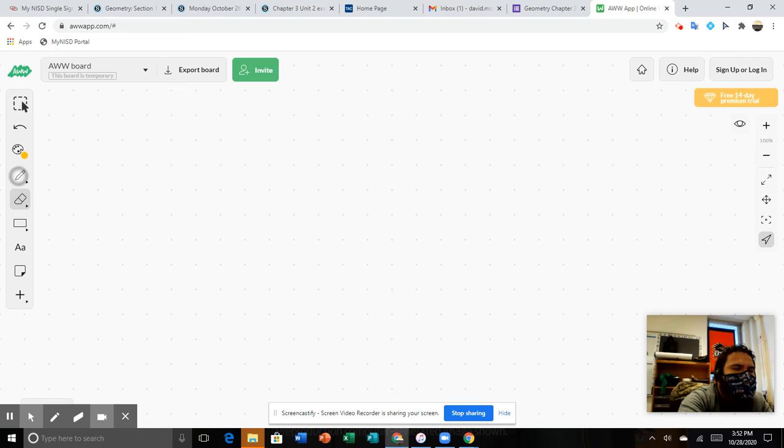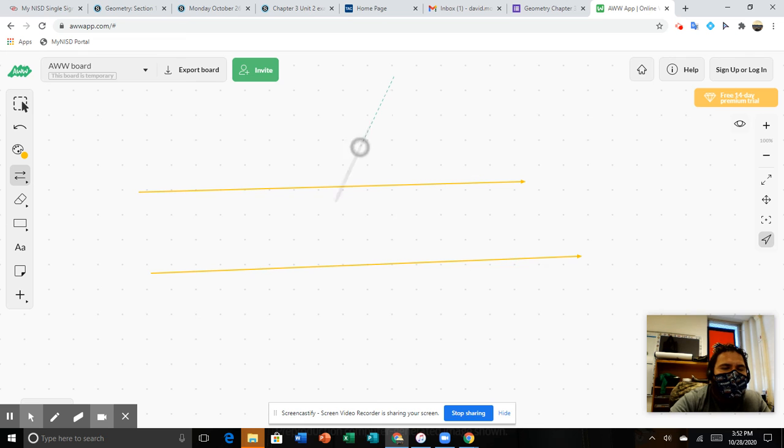Don't get too confused. Vertical angles are angles that are right across from each other. So I have these lines, and angles 1, 2, 3, 4, 5, 6, 7, 8.